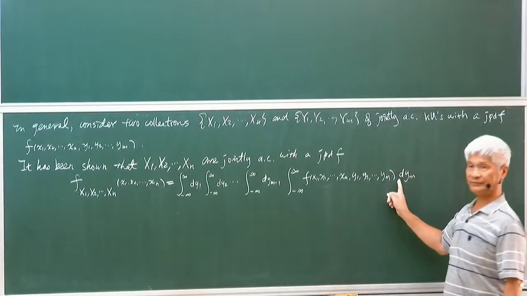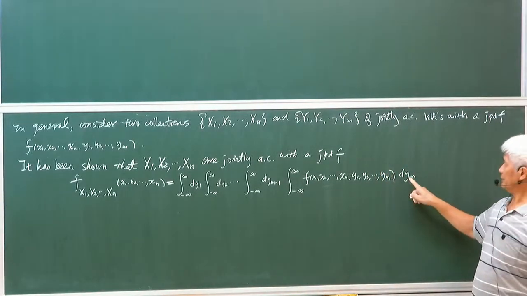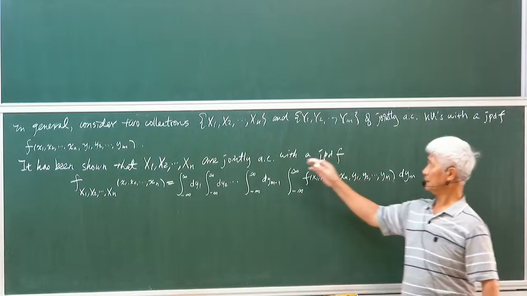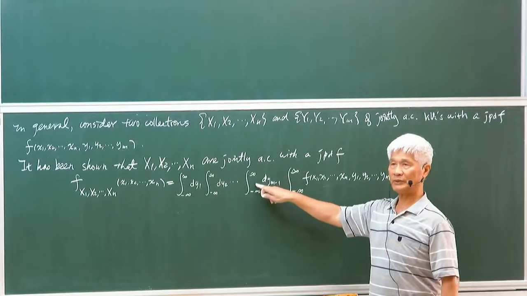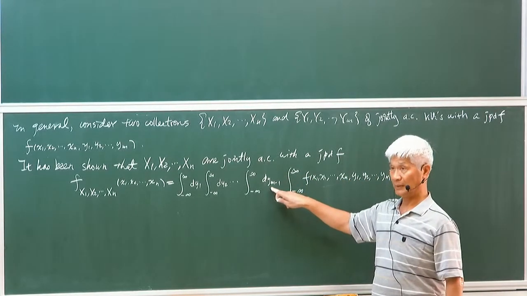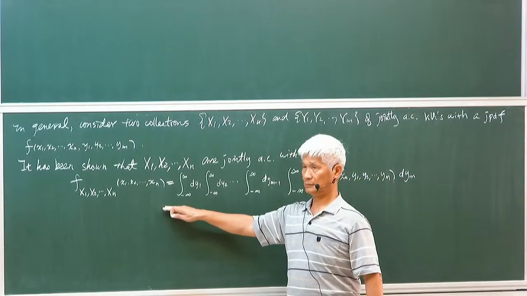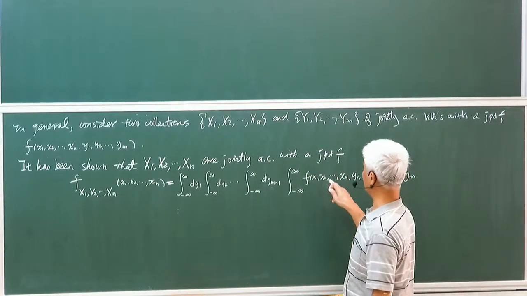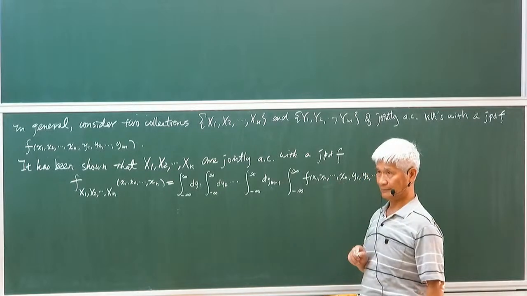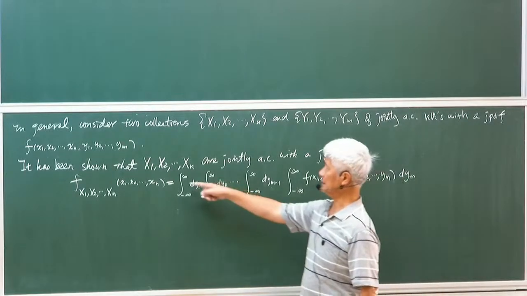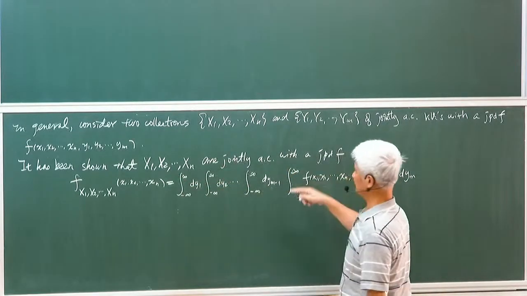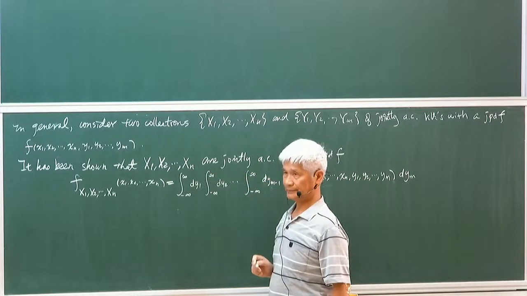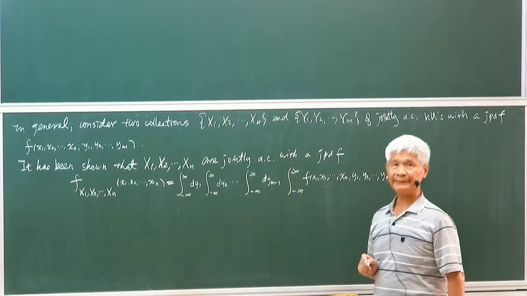Okay, so we start from integration over y_m, and then go to integration over y_(m minus 1), etc. Okay, and so the final function will be a function of x1, x2 up to xn. Okay, so this is the joint PDF of x1, x2 up to xn. Okay?